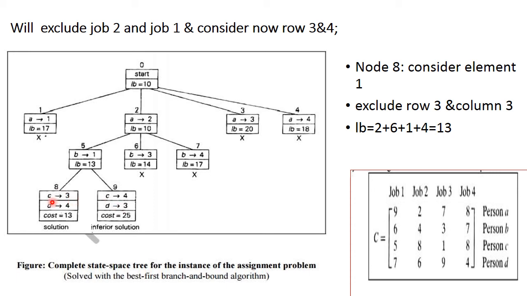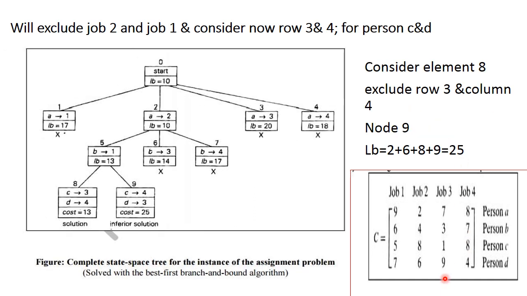Let's calculate this way. When you assign job 3 to person C and job 4 to person D, the cost you're going to get is 2 plus 6, plus 1 for job 3 for person C and 4 for job 4, which is equal to 13. Now when you assign person C the fourth job and person D the third job, it is 8 plus 9.